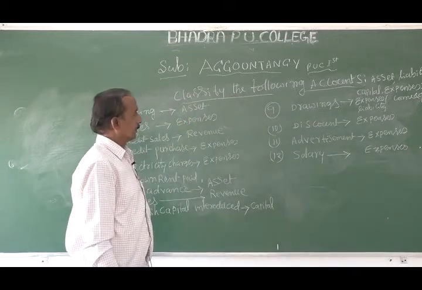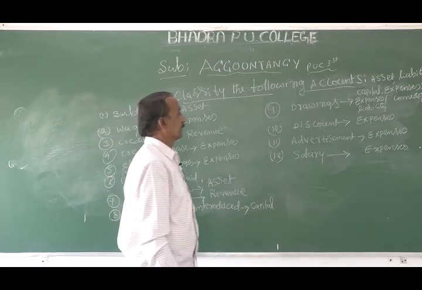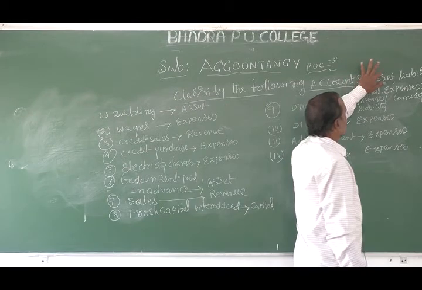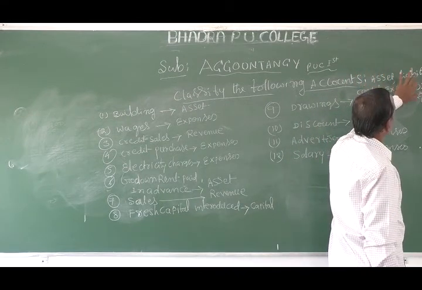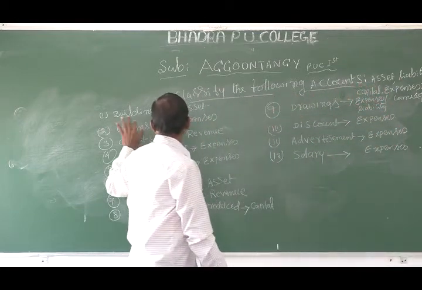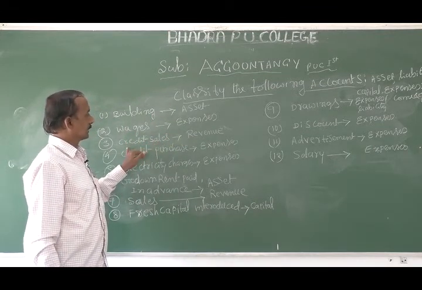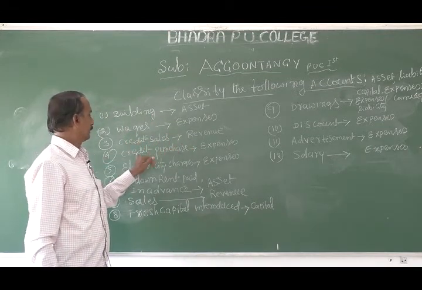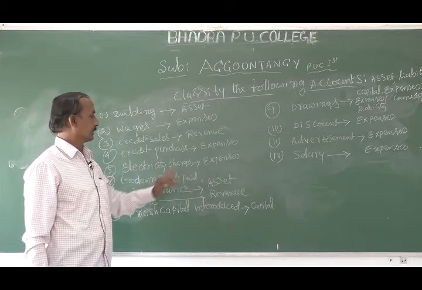Sometimes this may be asked in practical oriented questions in our examination. We classify the following as asset, liability, capital, expenses, income and gains according to the rules. Building is an asset, wages is an expense, sales must be a revenue, credit purchase and electricity charges are also expenses.